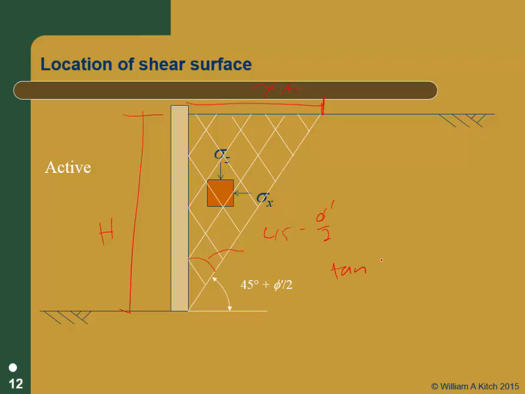And tan of 45 minus phi over 2 is going to be equal to opposite over adjacent, x active over h, or x active is going to be h over tangent of 45 minus phi over 2. And the passive we could have done was going to be h over tan of 45 plus phi over 2.